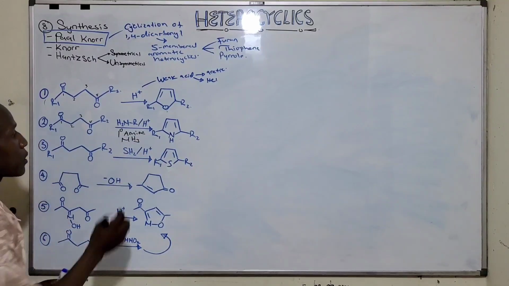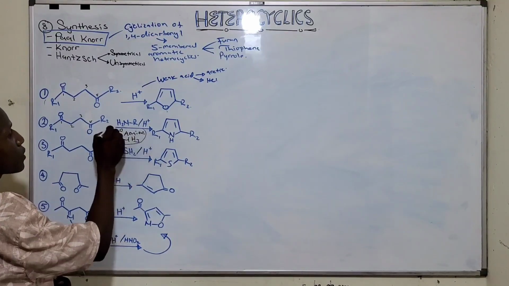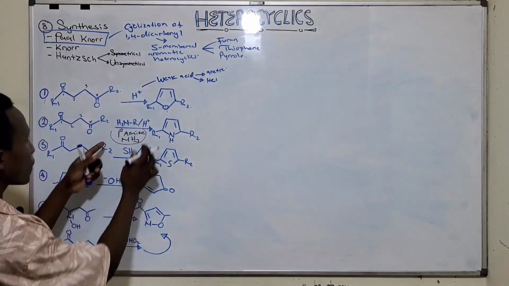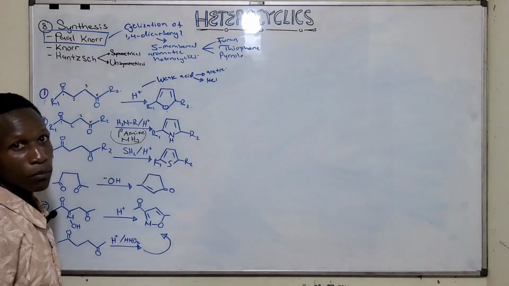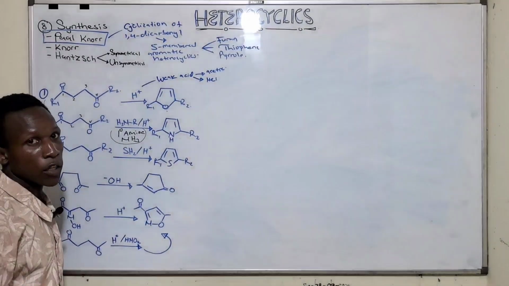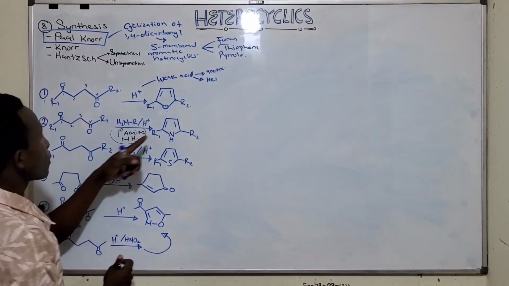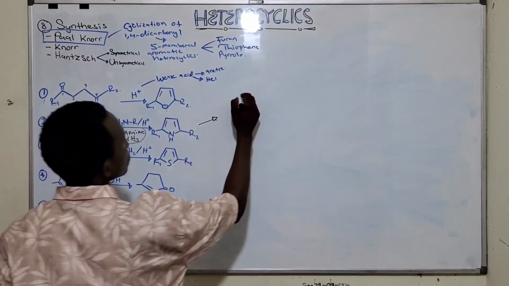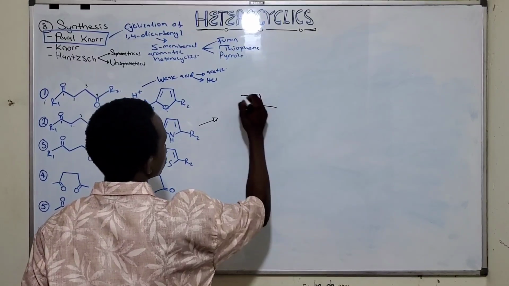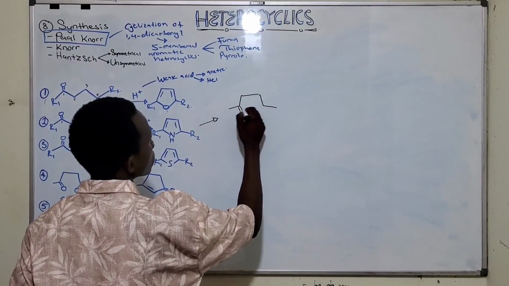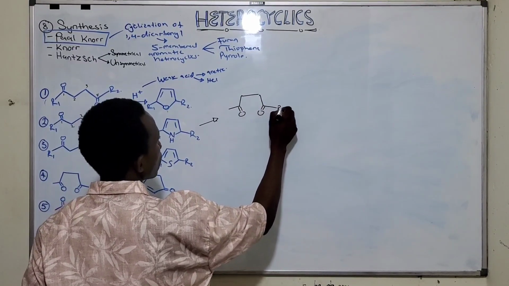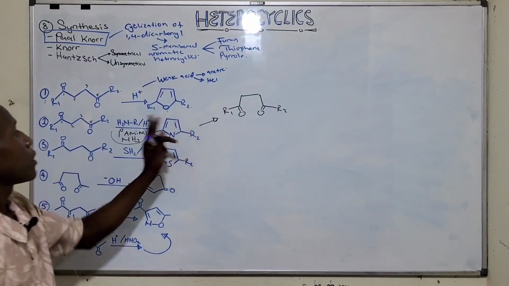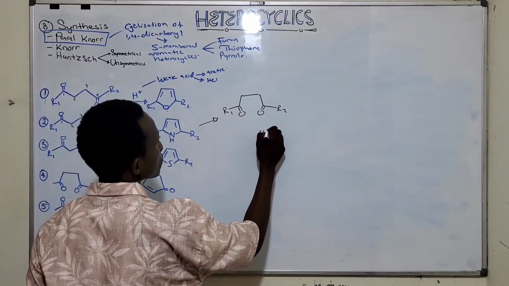We can use primary amine or ammonia for this reaction, but it is acid catalyzed. We are having acid. Sometimes it can be in a neutral pH. Now let's see the mechanism. We are having this R2 and R1. We are having a proton.